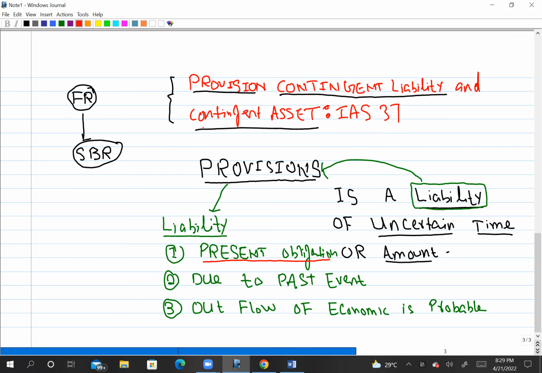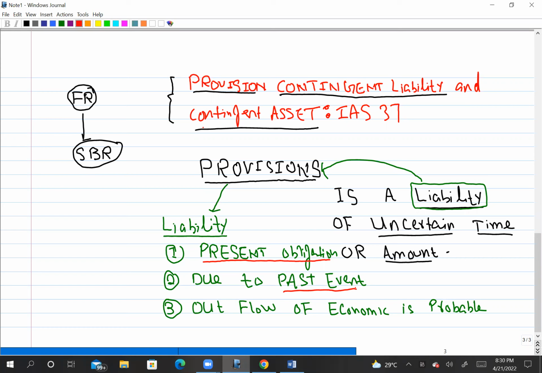Present obligation means the obligation has been established. And this obligation arises due to a past event. There must be a past event due to which today we have a present obligation. And as a result of this, there will be an outflow of economic benefit to settle the obligation. If these characteristics are fulfilled, then the definition of the liability is fulfilled.